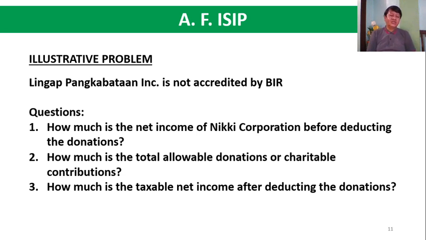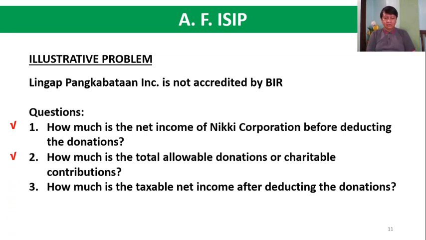So we have 3 questions to solve this problem. The first question is, how much is the net income of Nikki Corporation before deducting the donations? How to compute the net income? Sales, less cost of sales, less operating expenses. That is your net income. Question number 2.